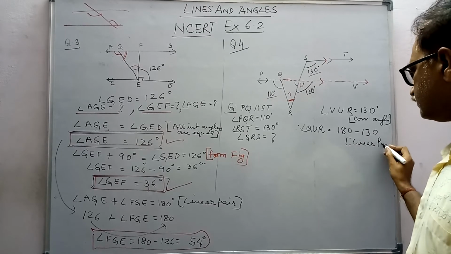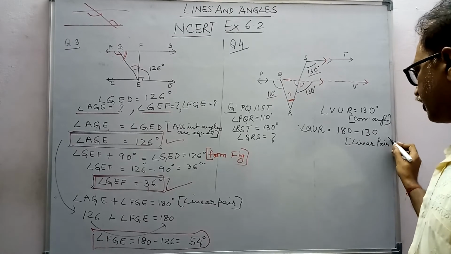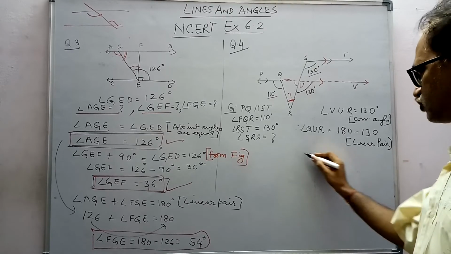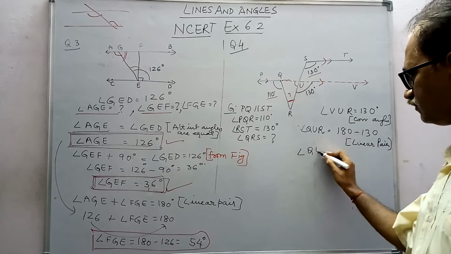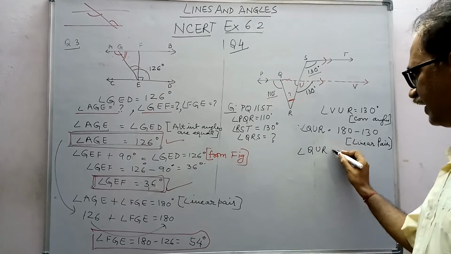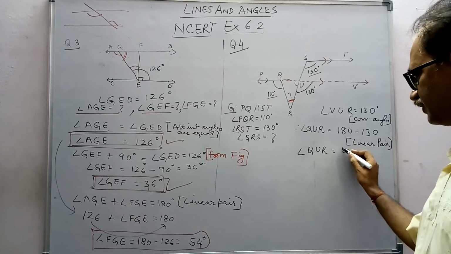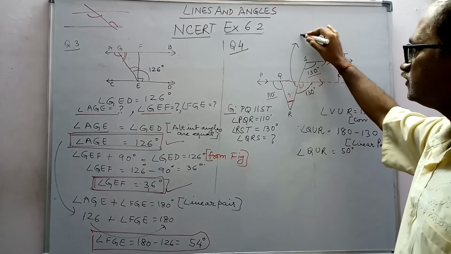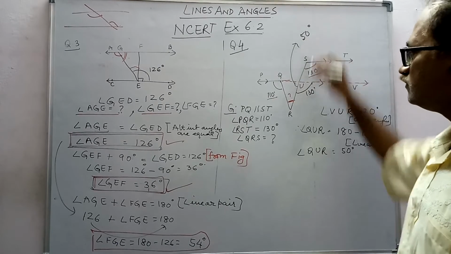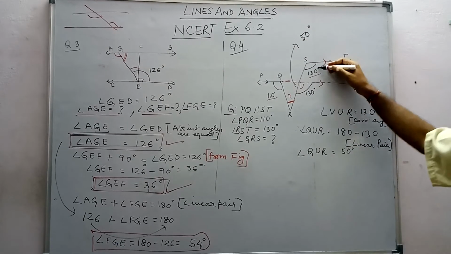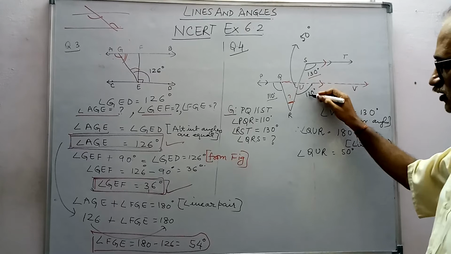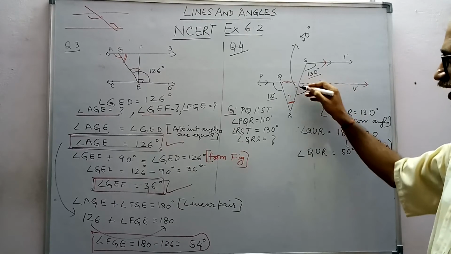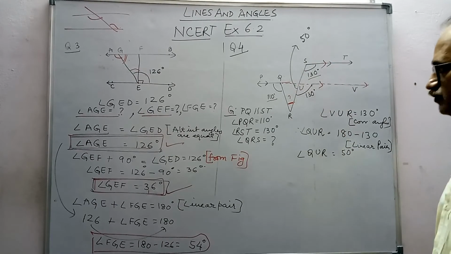Angle QUR is equal to 180 minus 130, that is equal to 50 degrees. Because this angle is 130, so by corresponding angles it is also 130. This is a straight line, so this angle will be 180 minus 130, that is equal to 50 degrees.